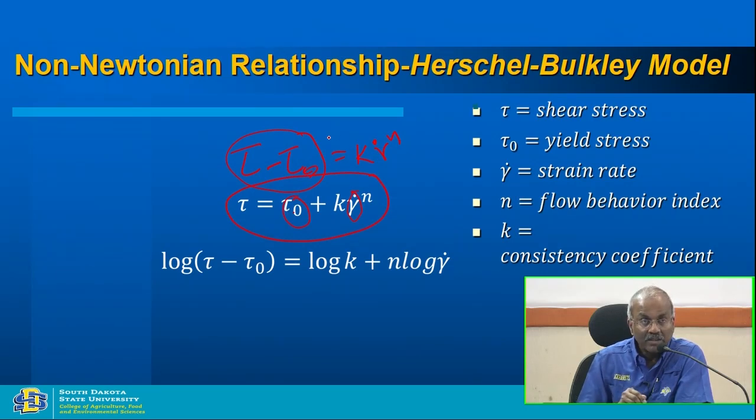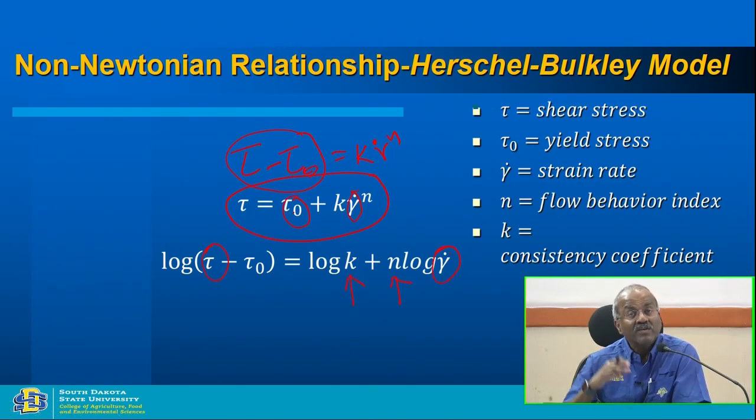So the exponential relation became linear here. Once you rearrange that equation and plot the data, shear stress over shear rate, you can get the K and N values, and you can compare K and N values for different fluids.